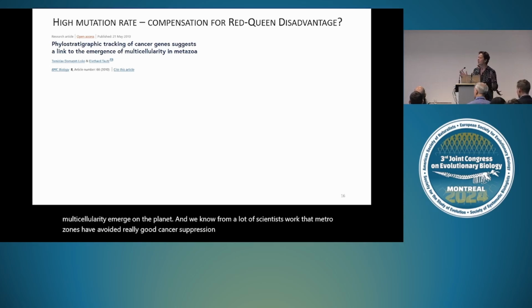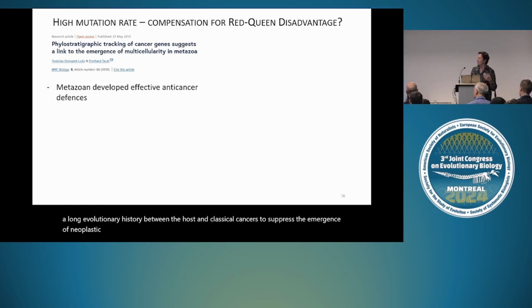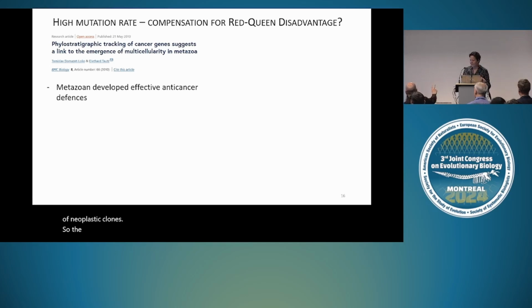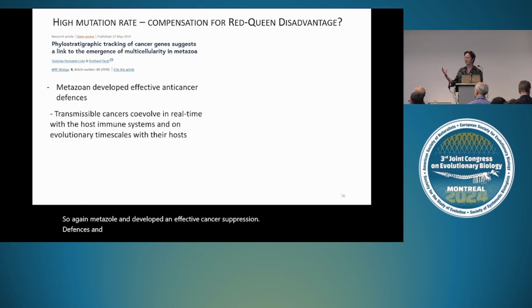So there is a long evolutionary history between the host and classical cancers to suppress the emergence of neoplastic clones. Again, metazoans have developed effective cancer suppression defenses, and transmissible cancers emerged later in evolutionary time.